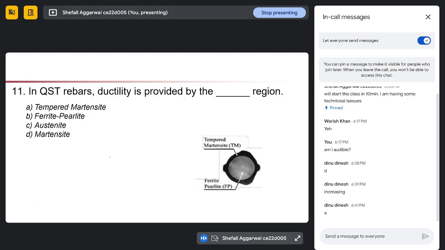Next question is, in QST rebar, ductility is provided by the tempered martensite, ferrite pearlite, austenite, or martensite. You have only two parts here, tempered martensite and ferrite pearlite. Which part will provide ductility and which part will provide strength?